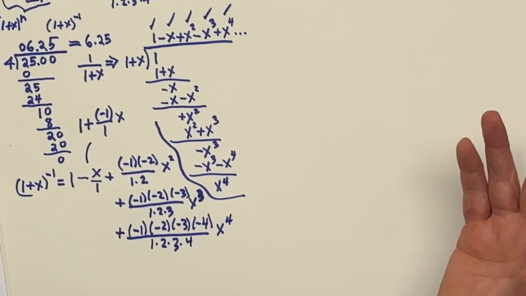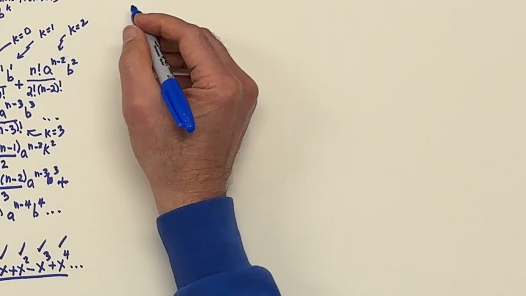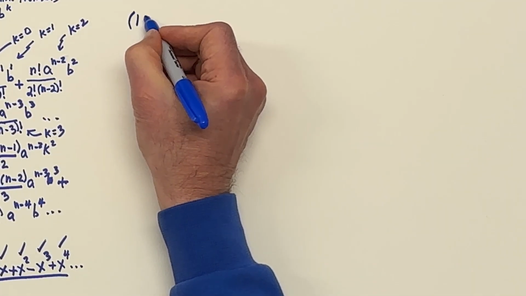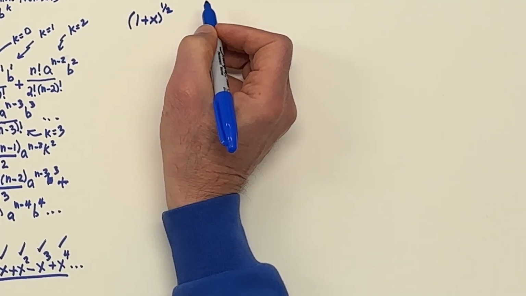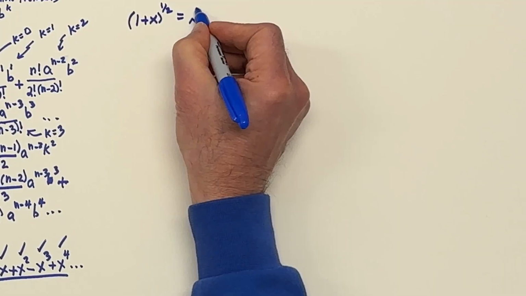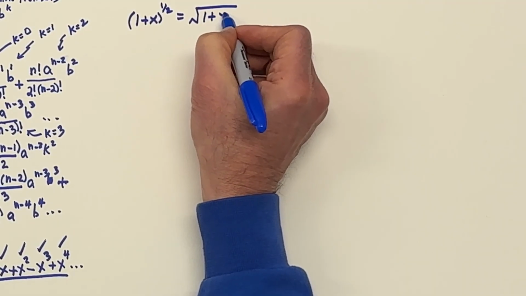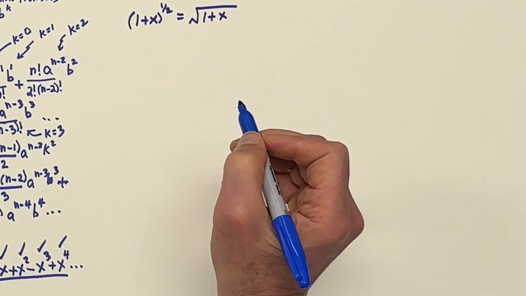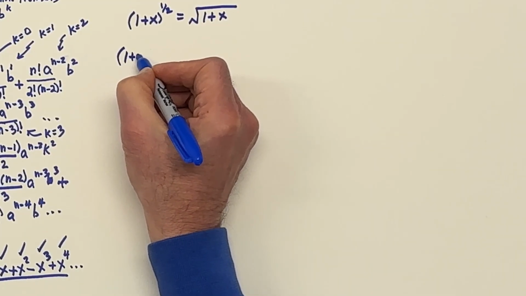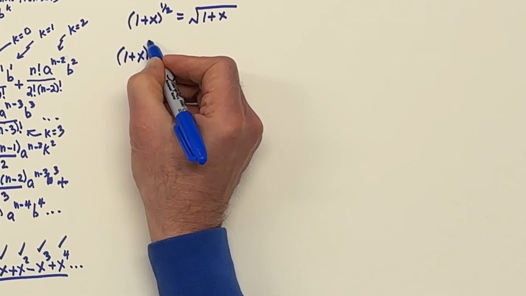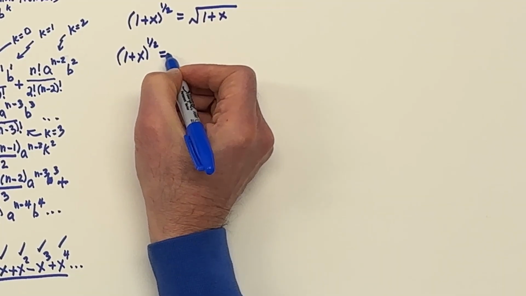Isn't that wild? Okay, now I'm going to ask, what about 1 plus x to the 1/2 power? Now see, that is equal to the square root of 1 plus x. Can this work? Well, using my prescription, we can try. So we have 1 plus x to the 1/2 power.